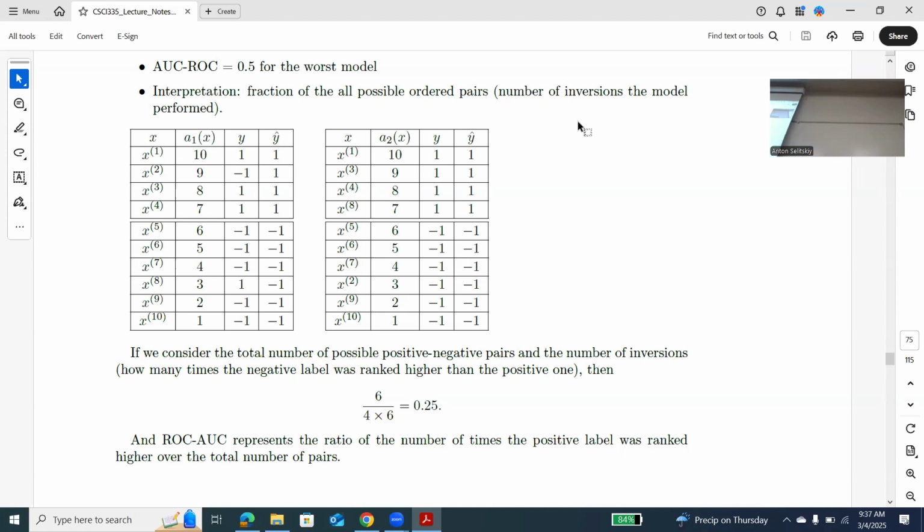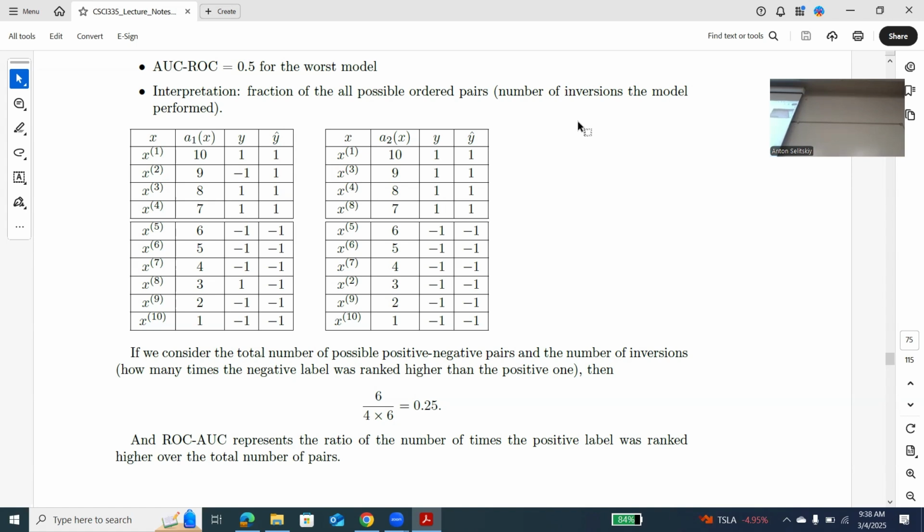If I sort this data by the output of the model, and then we have another model, and we sort the output from the second model, it provides different results for our input points X. So for example, the first model resulted in 8 for X3, and the second model gives the number 9 for point X3.